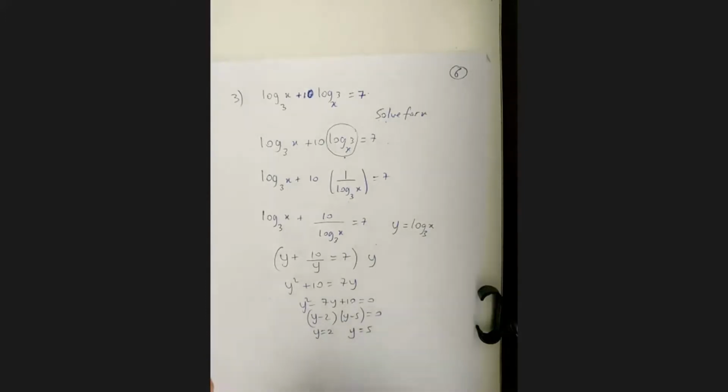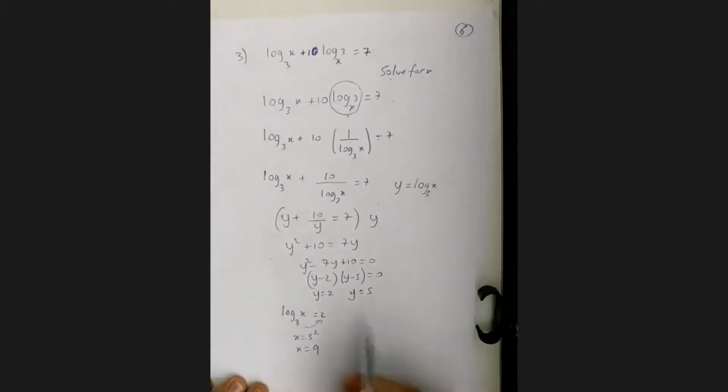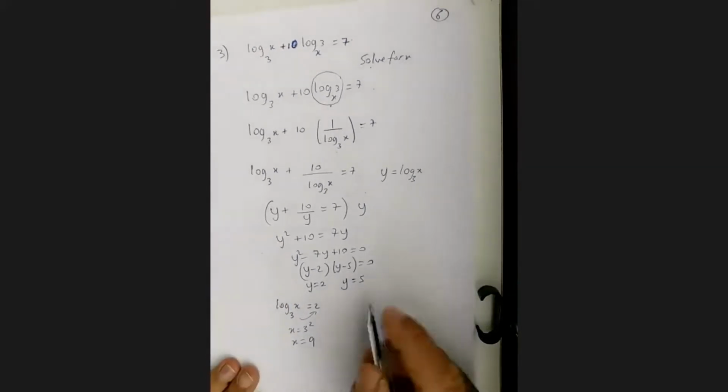And use y is equal to logarithm of x to base 3. Logarithm of x to base 3 is equal to 2. So close that block. Put 3 as the base of 2. x is equal to 3 squared. x is equal to 9. And do the same thing for 5.